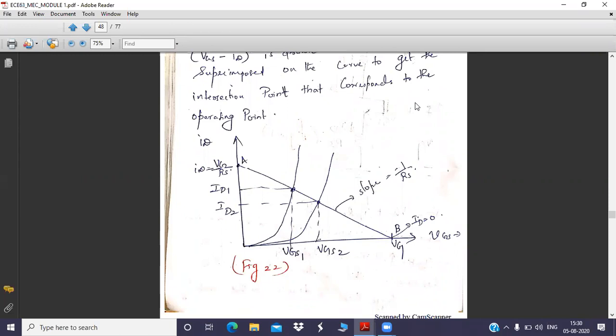Suppose I'm addressing a large gallery, and I have designed an amplifier for myself, but unfortunately its Q point is not stable. If I raise my input, maybe I will give some input at this particular time, and at another point of time I will give another input, because voice is unpredictable. You have certain dynamics in terms of amplitude, frequency, phase, etc. for your voice. It is continuously varying with time.